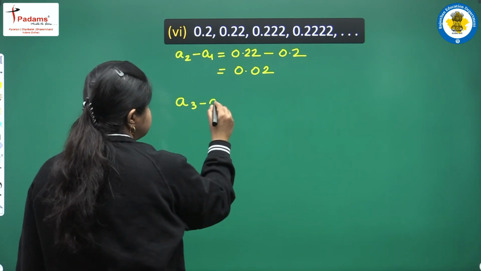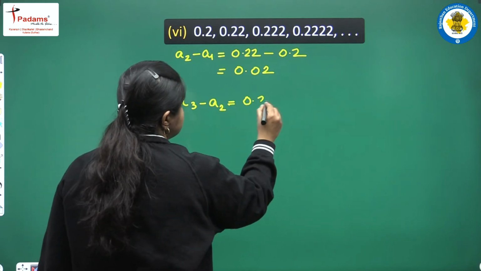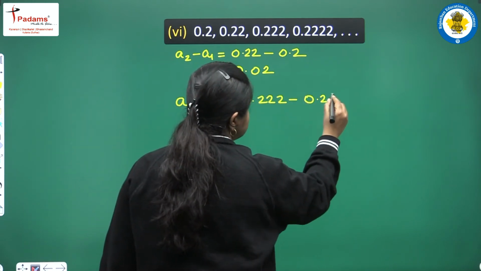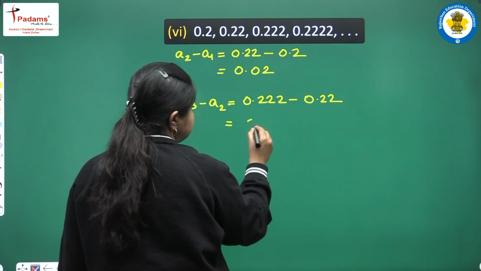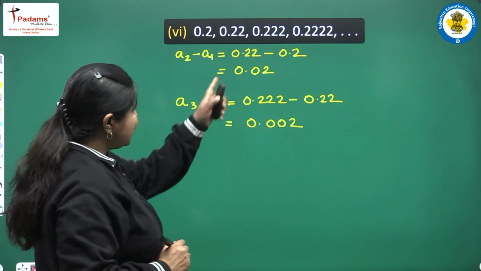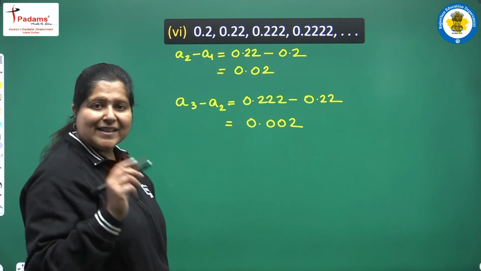Next we take A3 minus A2. A3 देखिए कितना है 0.222 minus A2 is 0.22. Subtract कीजिए, you will get it as 0.002. तो यहाँ तो ये डिफरेंस सेम नहीं आ रहा है, तो इसका मतलब ये एक अरिथमेटिक प्रोग्रेशन नहीं है.